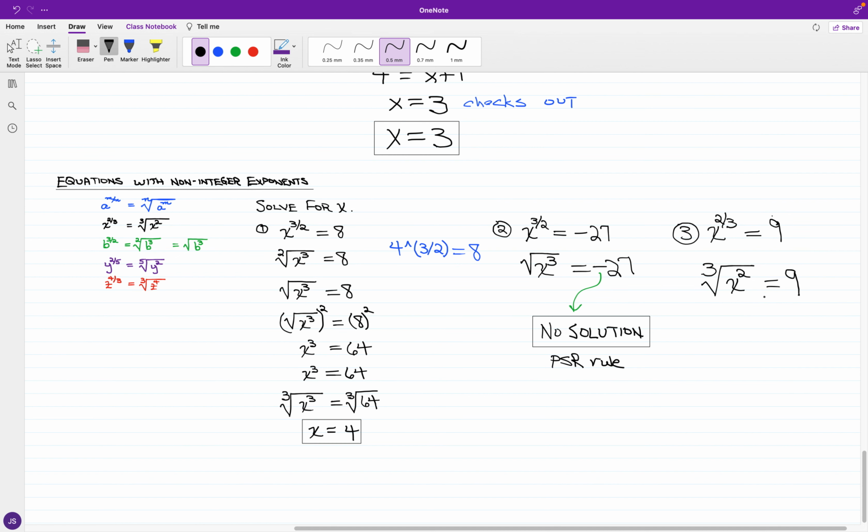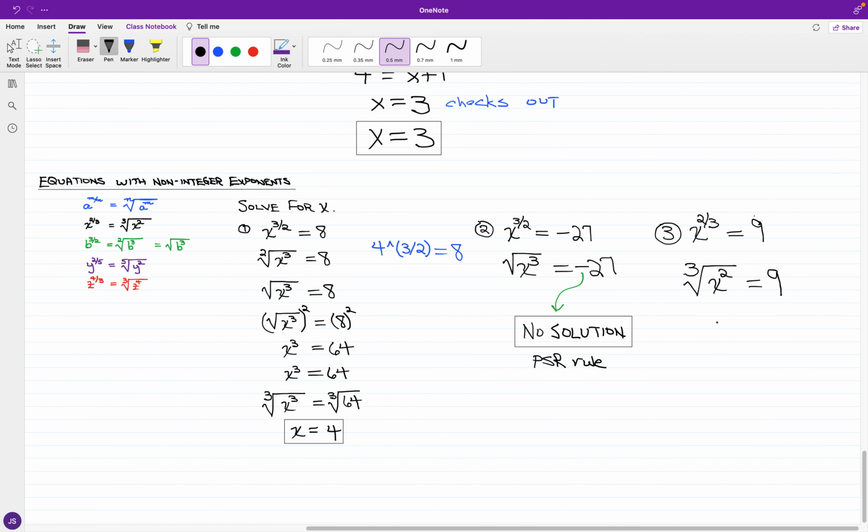Here the principal square root rule doesn't apply directly, because we have an odd root radical. Now I want to free up the x squared from the radical. In this case we have the cubic root, and so we get rid of the radical by cubing both sides.